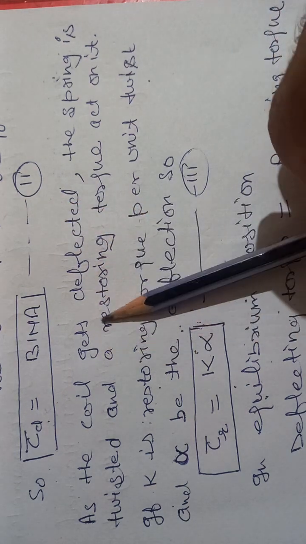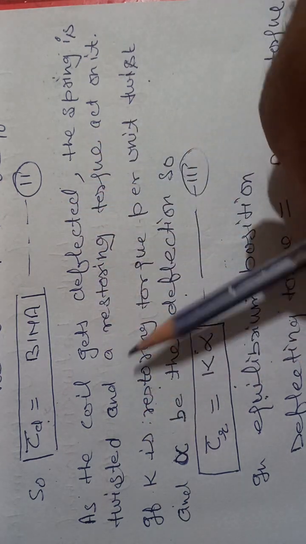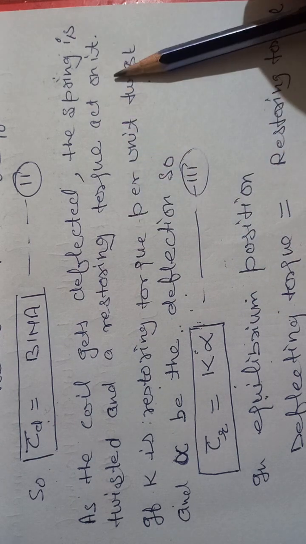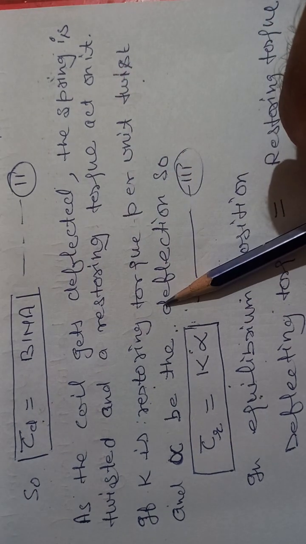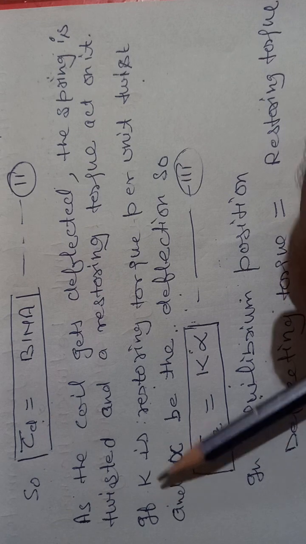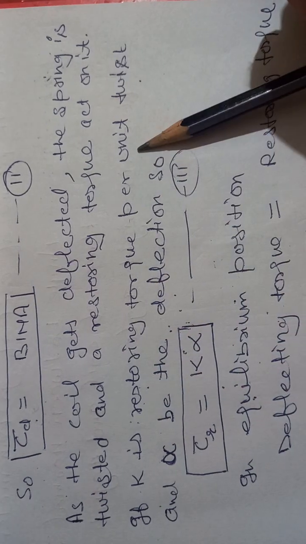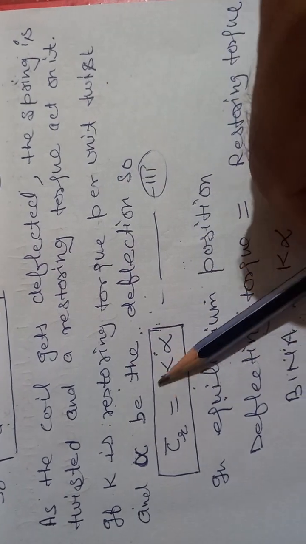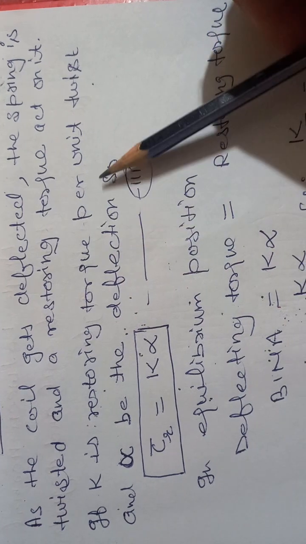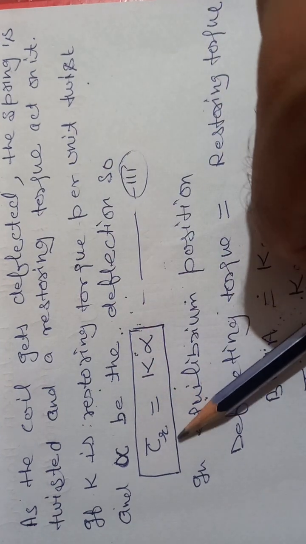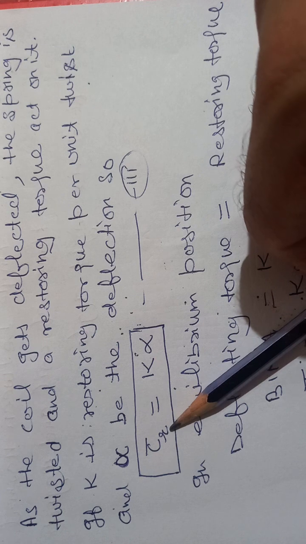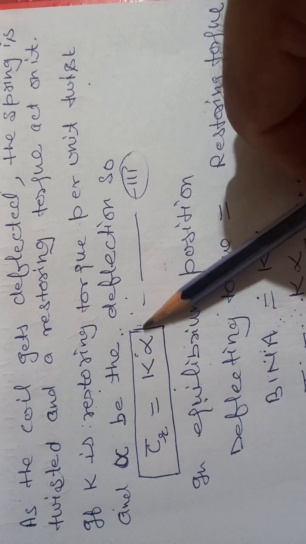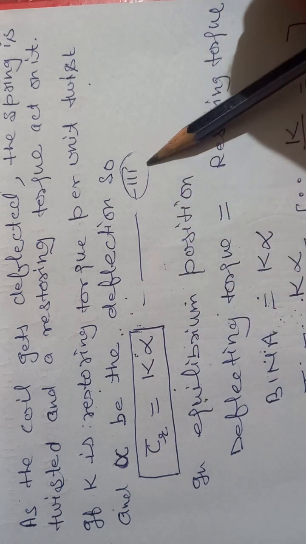So as the coil gets deflected, the spring is twisted and restoring torque acts on it. What is the function of restoring torque? If K is the restoring torque per unit twist and alpha is the deflection, then tau r, the restoring torque, is equal to K alpha. This is equation number 3.